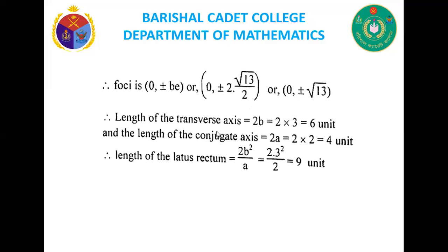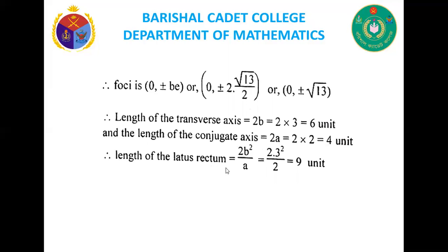Now the length of the transverse axis, according to the formula, you know this is 2b. Putting the value of b, you get 2 into 3, that is 6 unit. And the length of the conjugate axis is 2a. Putting the value of a, you get this is 4 unit.